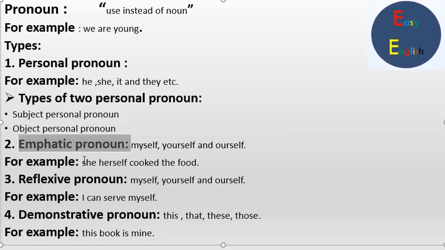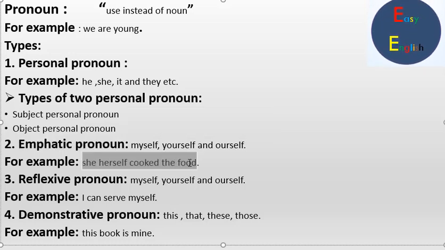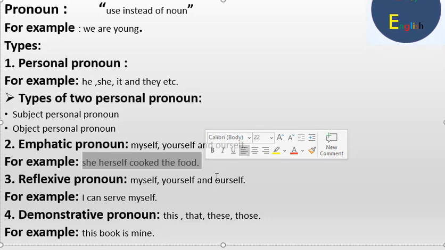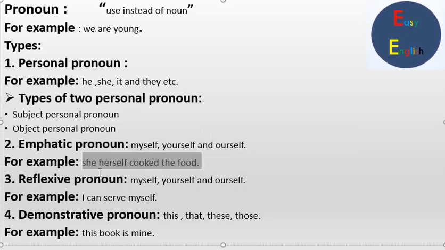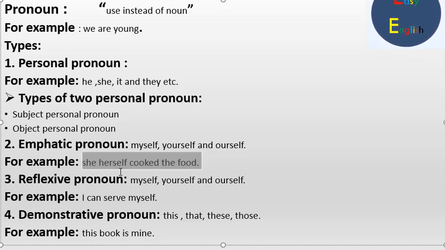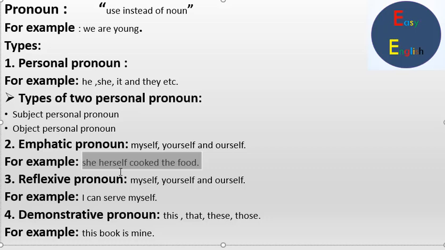Here is an example. She herself cooked the food. Here herself is an example of emphatic pronoun and emphasizes the noun. One more: he himself said so. Here himself emphasizes the pronoun he. So this is an example of emphatic pronoun.